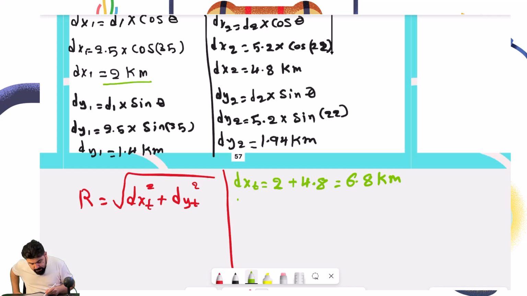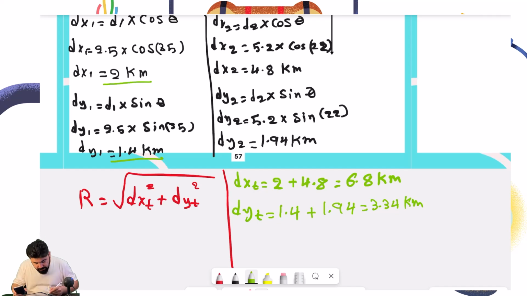dy total is 1.4 plus 1.94. Let me add this. So 1.4 plus 1.94, we have 3.34 kilometers. Now let's find the resultant vector with it.